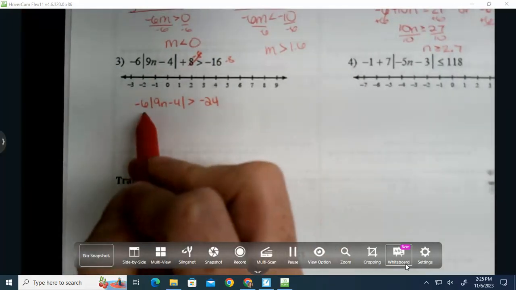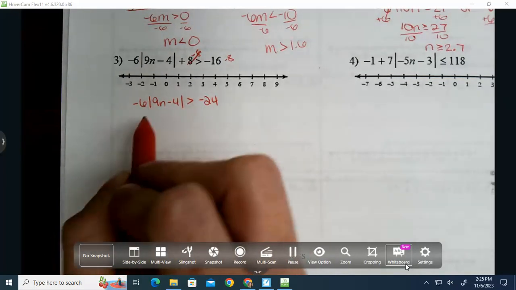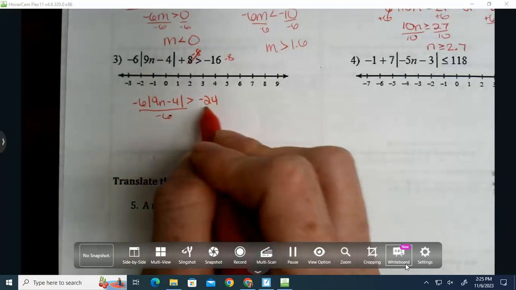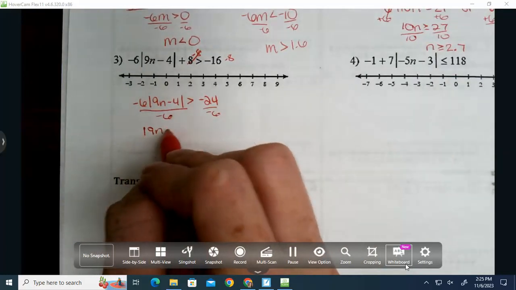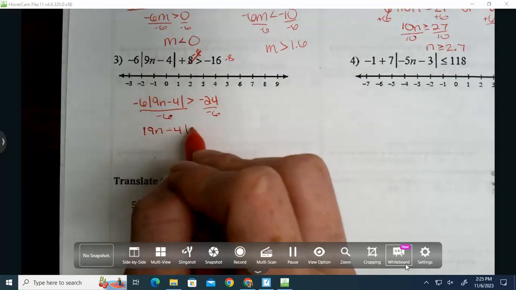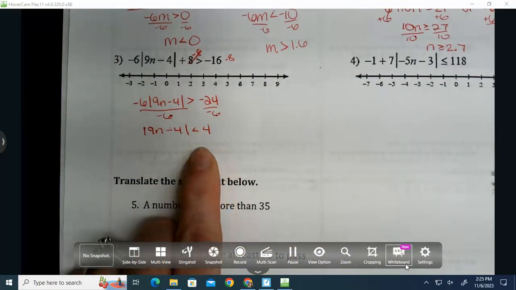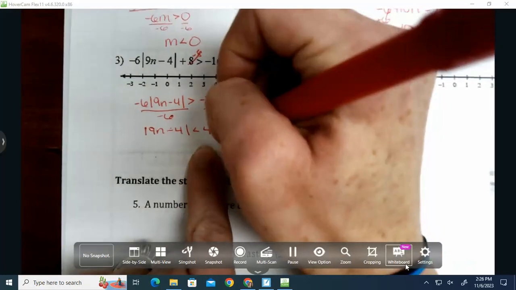We need to get rid of this negative 6. It's multiplied, so we have to divide. If you divide by a negative, what happens? The sign flips. Okay, now it is a less than. Less than means and.